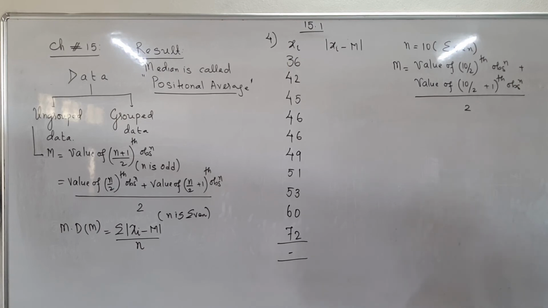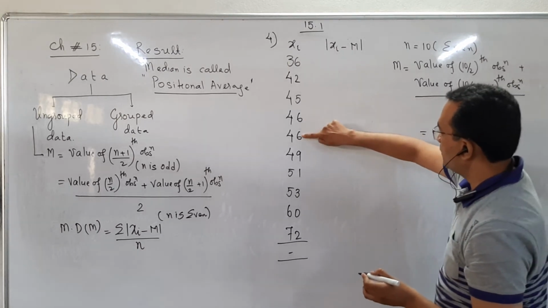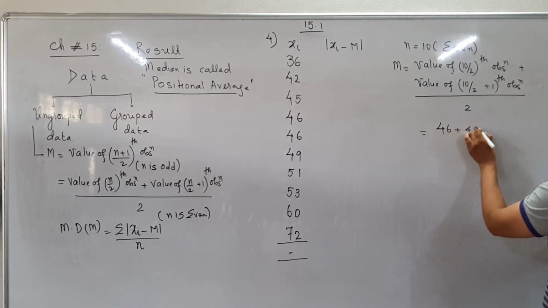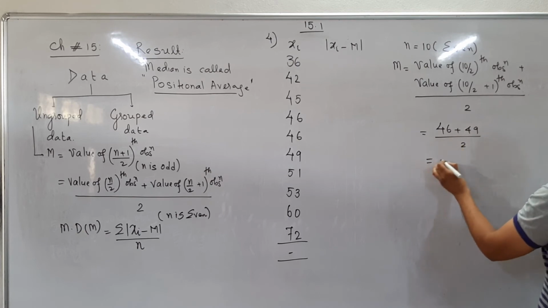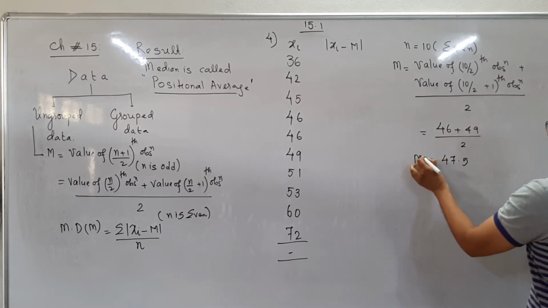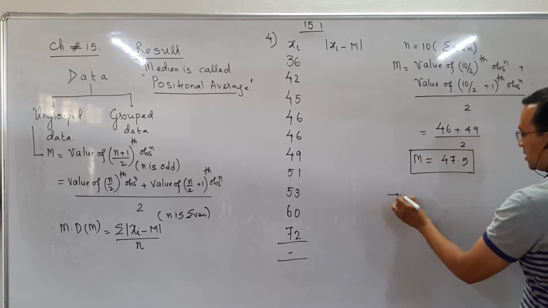That is the fifth observation and the sixth observation, 46 plus 49 divided by 2, so it is 47.5. This, students, is our answer for the median.